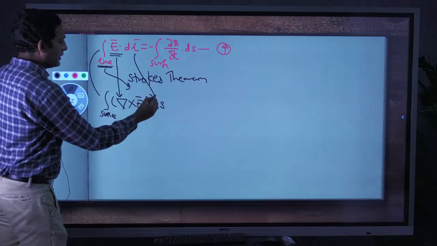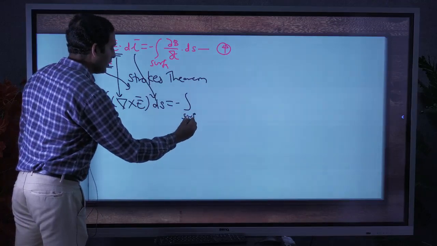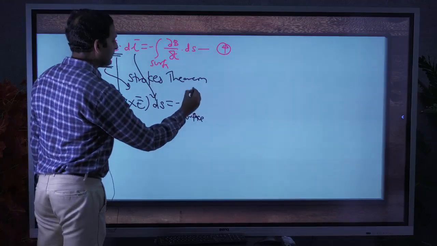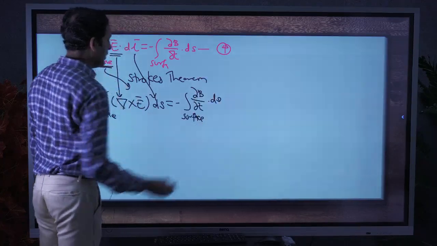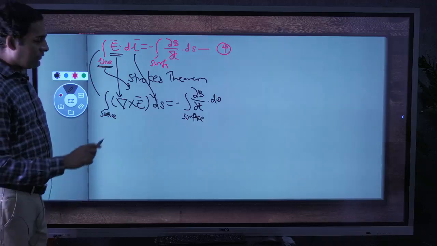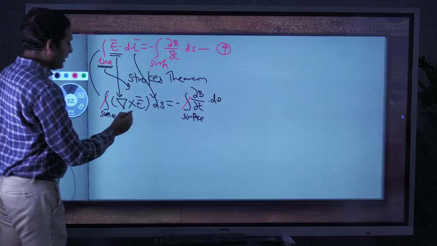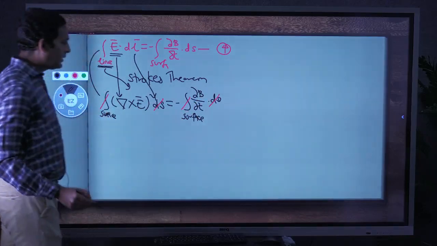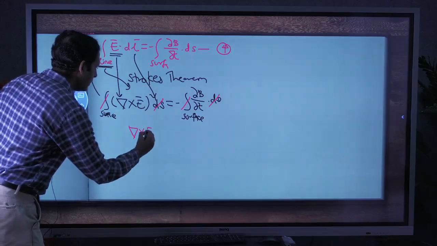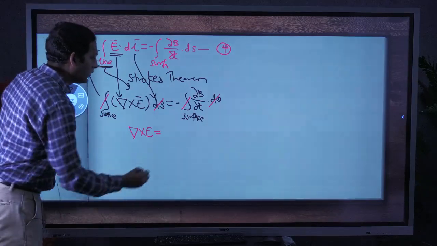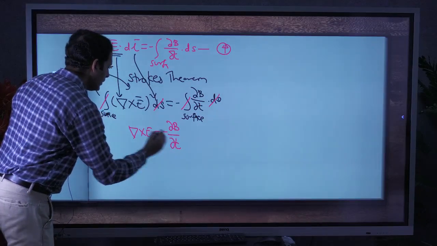So now we have this expression which can be compared with the RHS, which is also surface integral, which is minus dou B by dou t dot ds. So now if we compare and cancel the integrations from both sides and this ds from both sides, we can say that del cross E is equal to minus dou B by dou t.